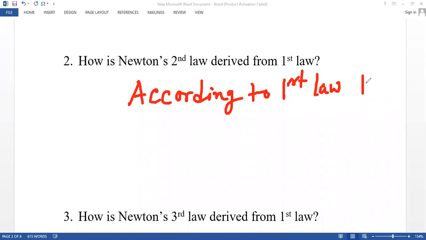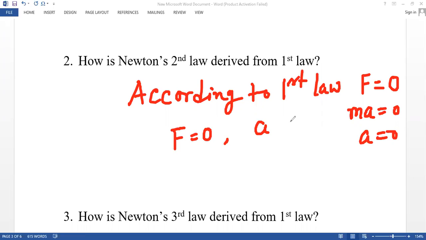F equal to 0. What was the first law? A body at rest wants to be at rest if no force is applied. That means according to first law, force is 0. So when force is 0, acceleration is also 0.